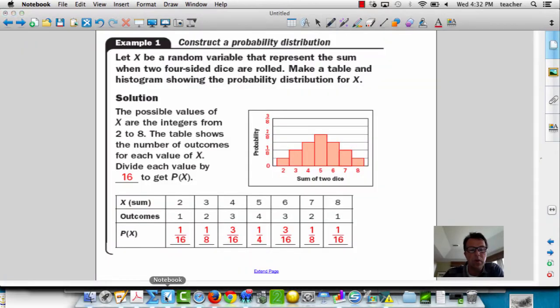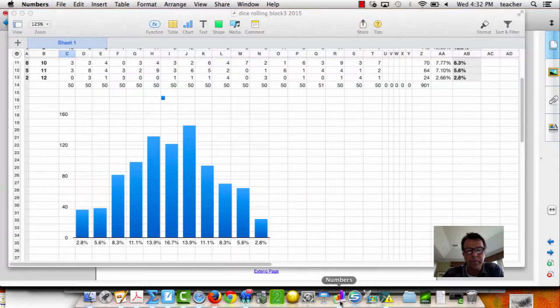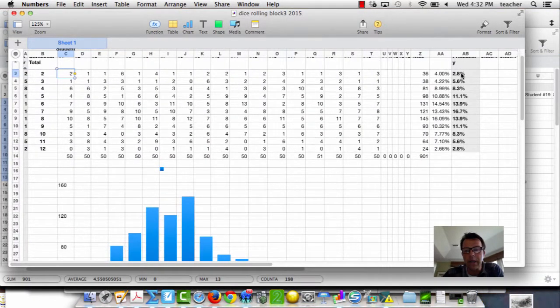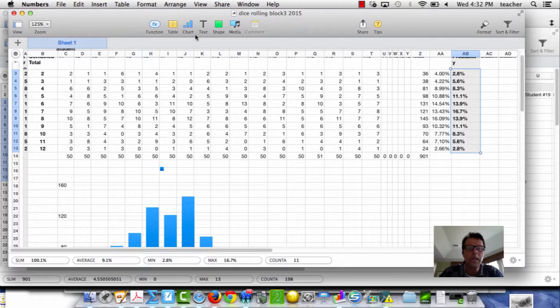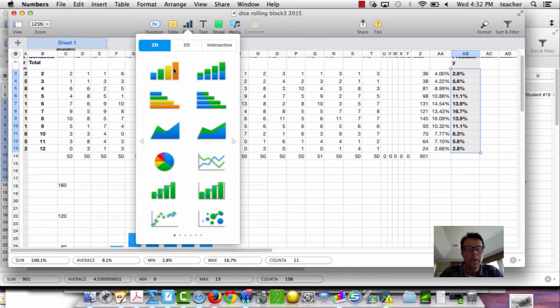And again, back to our spreadsheet, this is the theoretical probability. This is what it should be in our histogram. I could certainly make a histogram of that theoretical data, which I'll do right now. Let me show you and make a chart and a histogram.